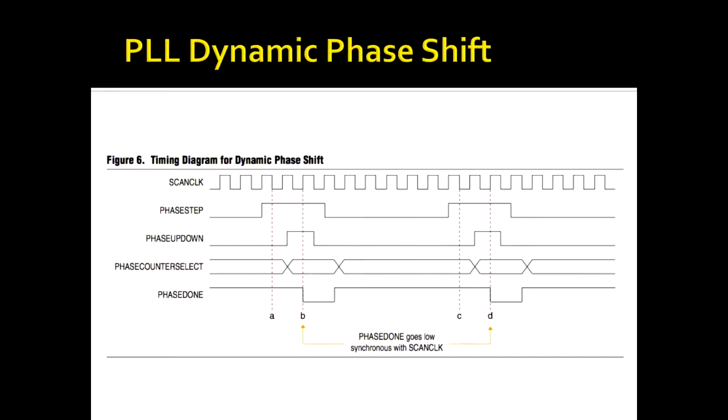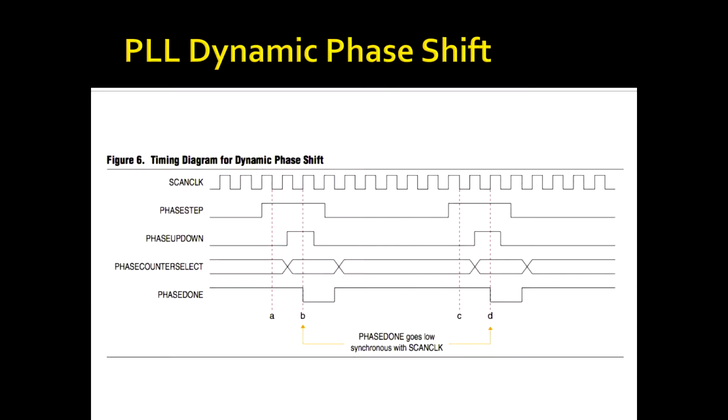Then it's got this specific timing diagram where you're supposed to give it whether you want to step at 1 or more degrees, whether you want to step forwards or backwards, and phase done is just what the PLL module outputs back to you when it's done shifting.